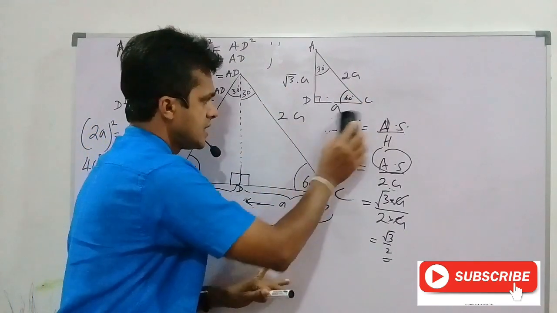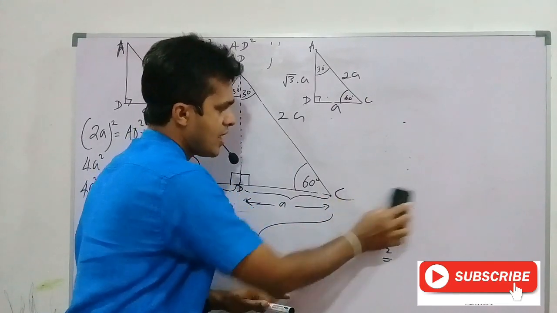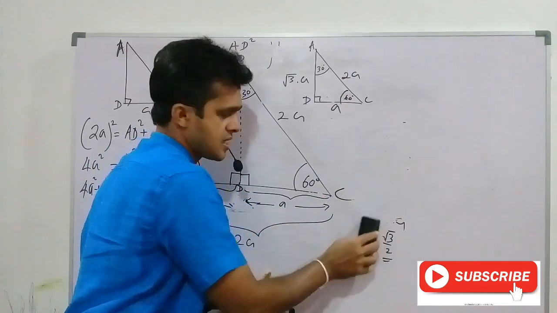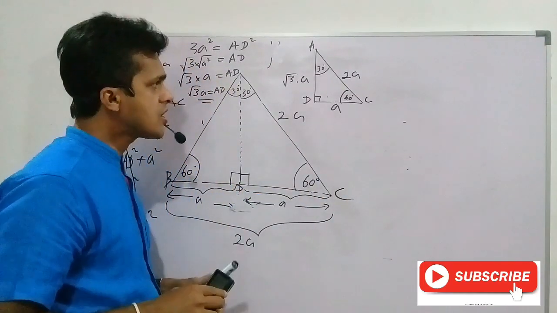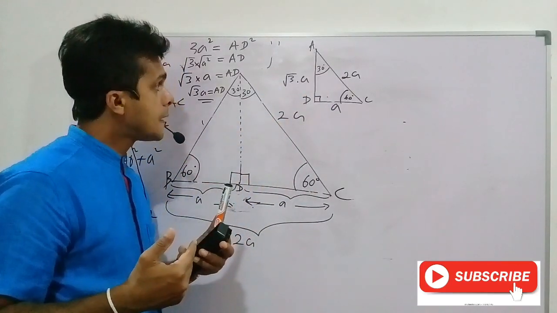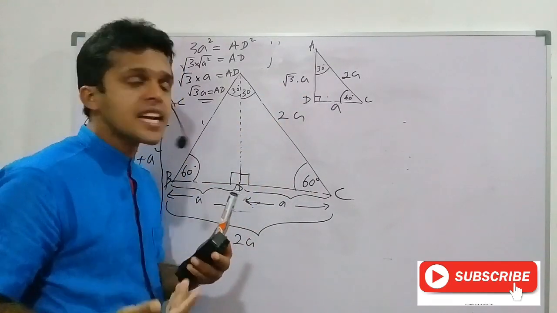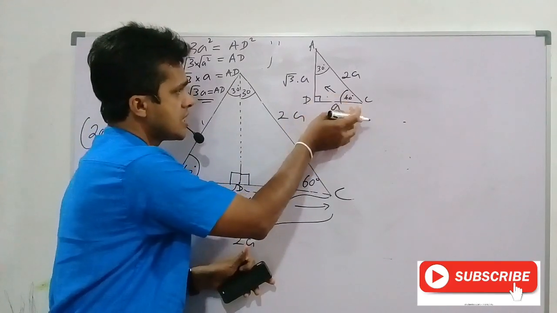Now let's find the value of sine 60. How can you calculate the value of sine 60? This time the given angle is 60 degrees.